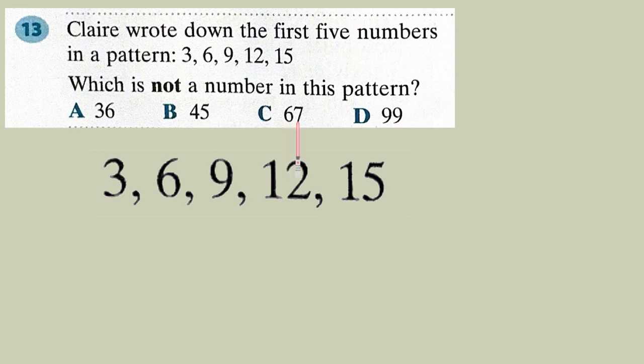But 67 cannot be divisible by 3. That's absolutely out of the question. And 99 is divisible by 3. So I guess the number that is not going to be part of this pattern is C, which is 67.